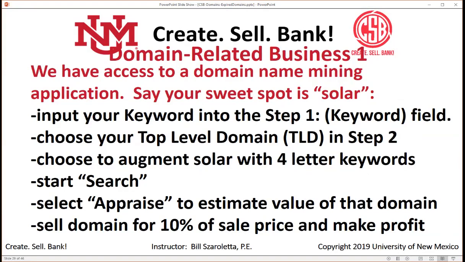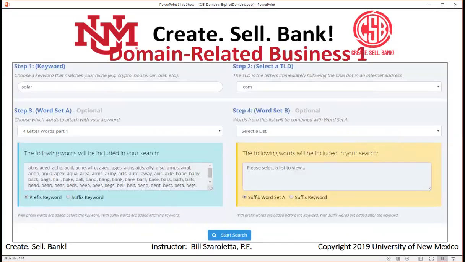You can choose to augment your keyword or keywords with additional 4-letter keywords. Start the search, you appraise them, and then you can sell the domain for 10% of the sale price and potentially make a profit. I'm going to go through some examples here that'll really lay that out clearly.